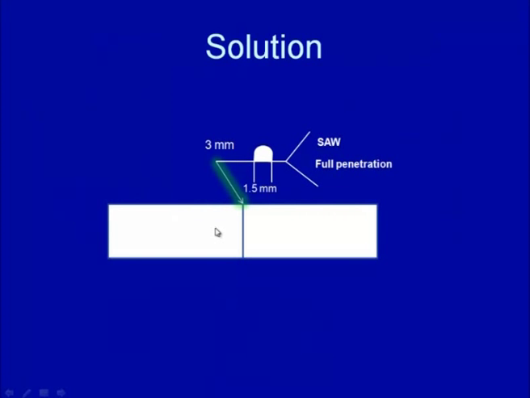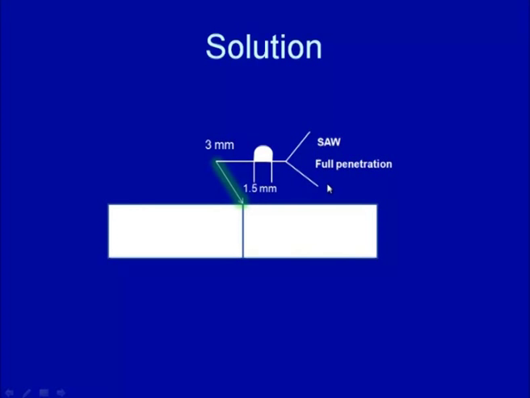The solution is very simple. The two plates to be joined are shown with the help of this arrow mark indicating the side from where the weld joint is to be made, and then the horizontal reference line shows the square groove weld joint symbol, and here this 1.5 shows the root gap to be made, and the reinforcement height of 3 mm is shown here, and in this tail we can see the submerged arc welding process is to be used, and a full penetration weld is to be developed as per the requirement.